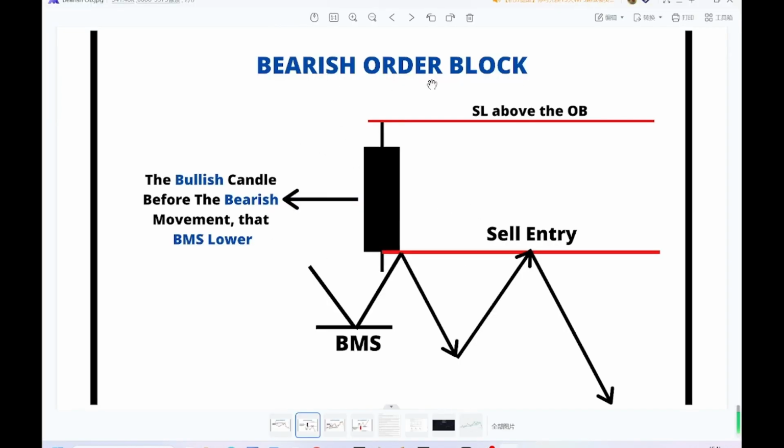Bearish order block. Price breakout. Bullish candlestick.